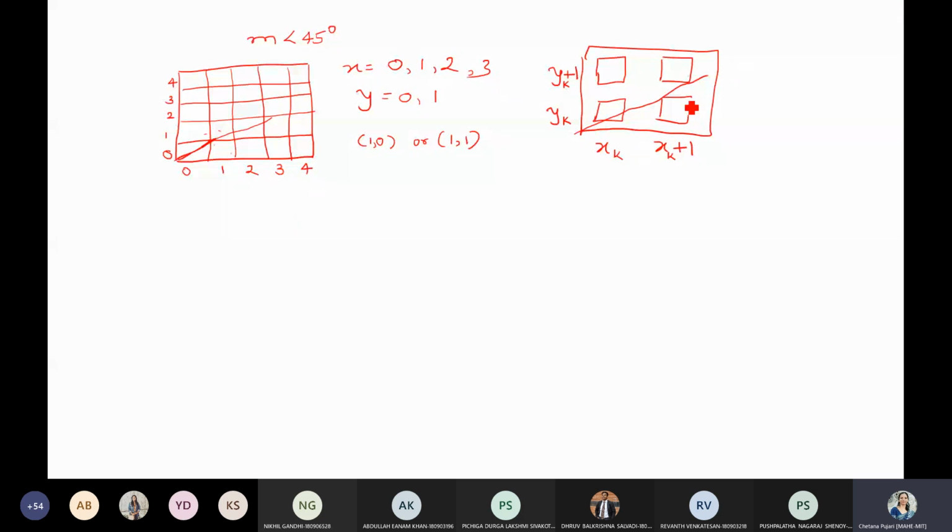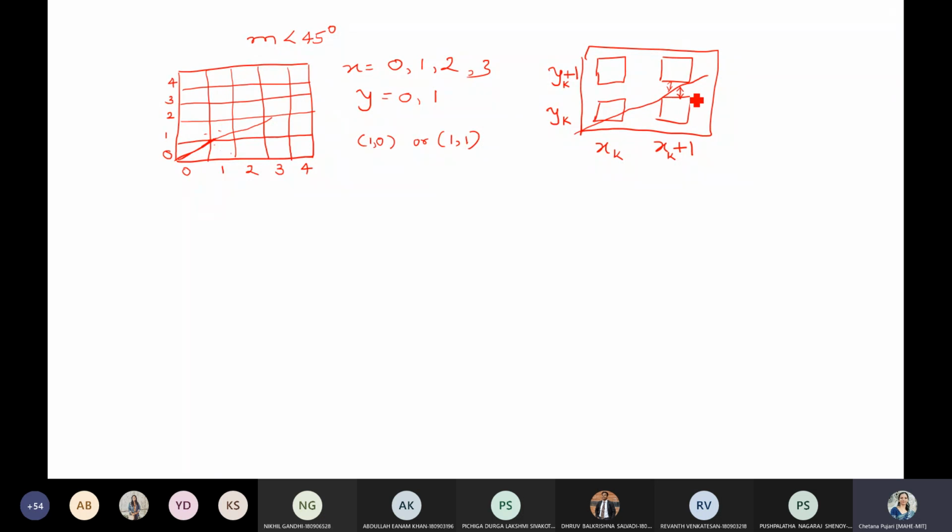Whereas in this case, as we don't want to deal with floating point numbers, we have to find some other mechanism to identify which pixel to consider. So for that reason, you are going to calculate the distance. You have a line and you have a pixel. You're going to calculate the distance between the line and the neighboring pixel.